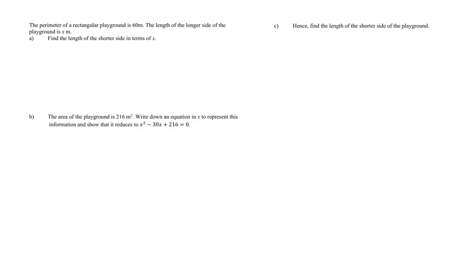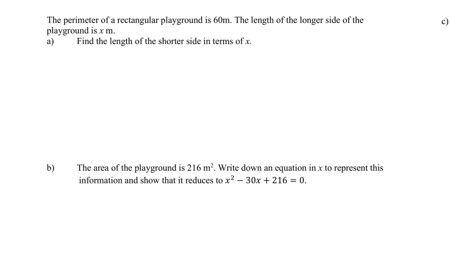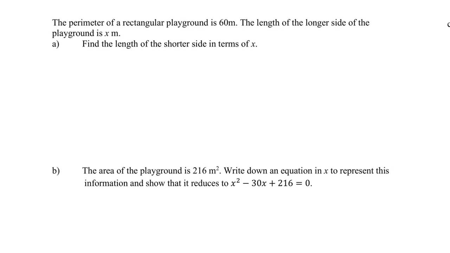Hello everyone, welcome to this video where we are given that the perimeter of a rectangle is 60 meters and the length of the longer side of this particular rectangular playground is x.